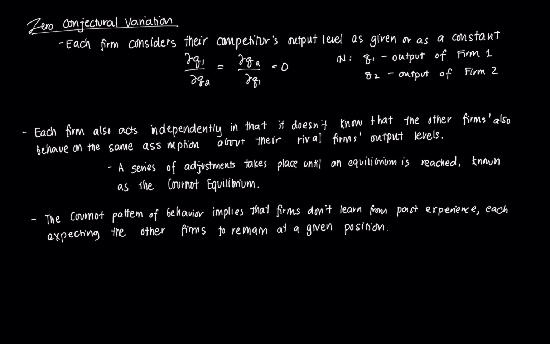Essentially, this concept states that each firm considers their competitor's output level as a given or constant. So zero conjecture between the firms means that how the quantity produced by firm 1 varies with respect to firm 2, and how firm 2 varies with respect to firm 1, is essentially equal to 0. In this case, each firm considers their competitor's output level as given. They can't do anything about it.